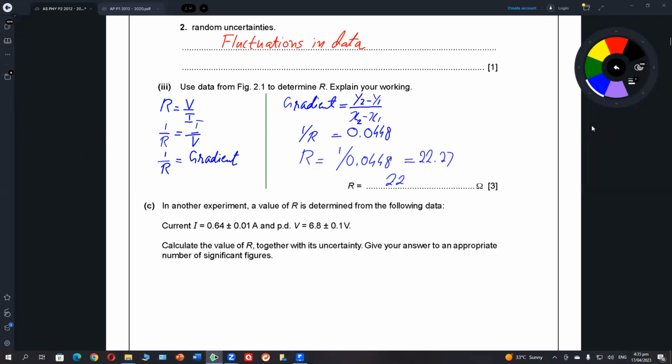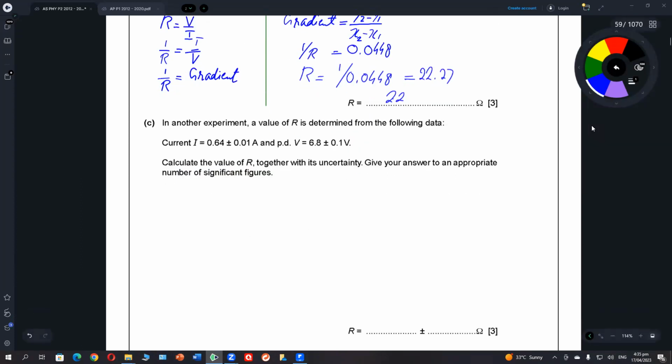Part C. In another experiment, a value of R is determined from the following data. Calculate the value of R together with its uncertainty. Give your answer to an appropriate number of sig figs.